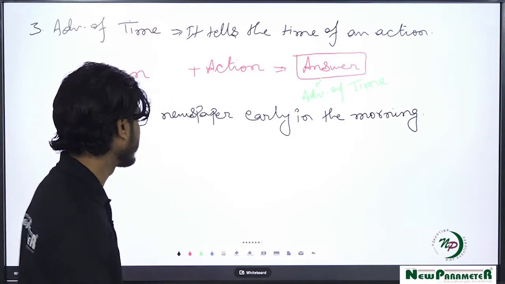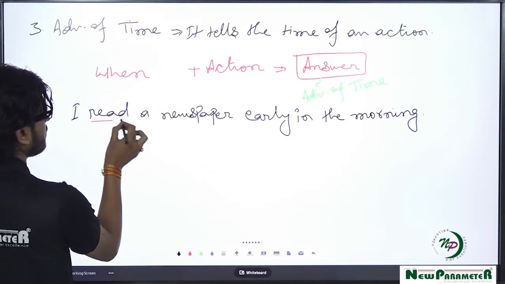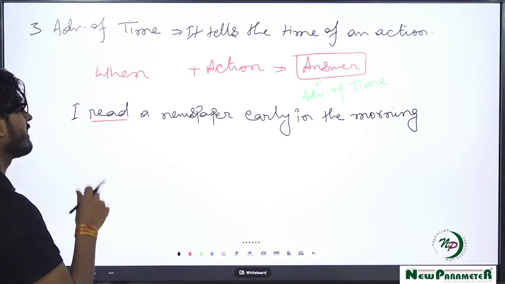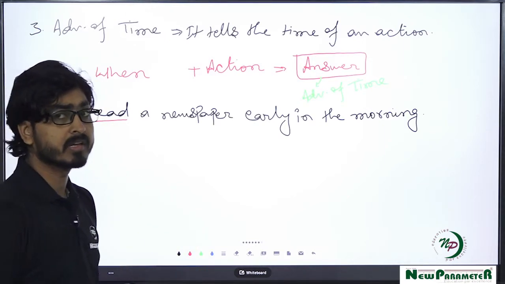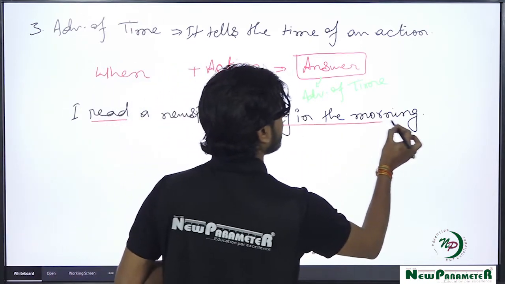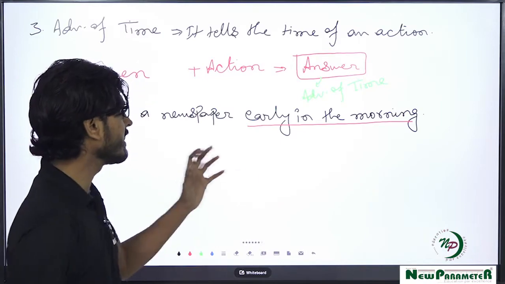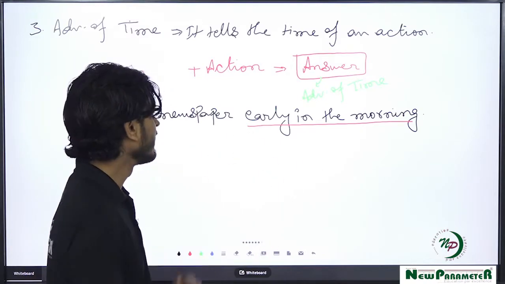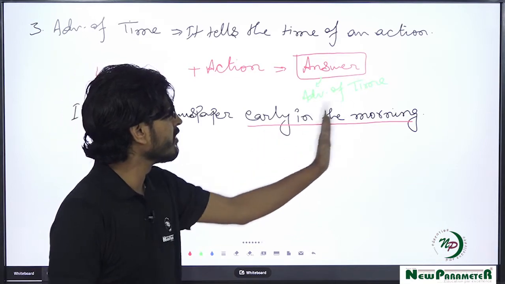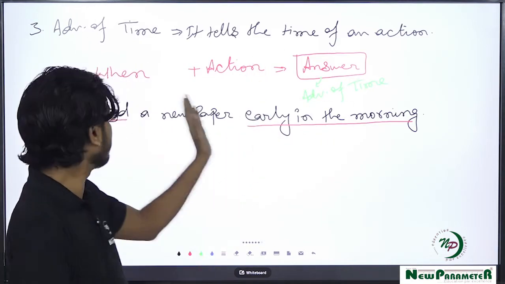I read a newspaper early in the morning. We have an action. That is what? I read. So read is an action. Now I have to ask a question. When read? Kab padhta hu? I'm just getting an answer. Early in the morning. In short, you can say, if you find it, in the morning would be the right answer of when.